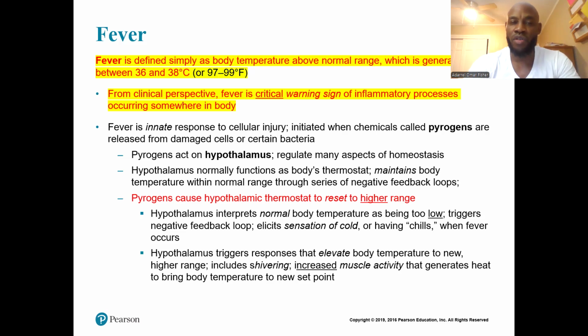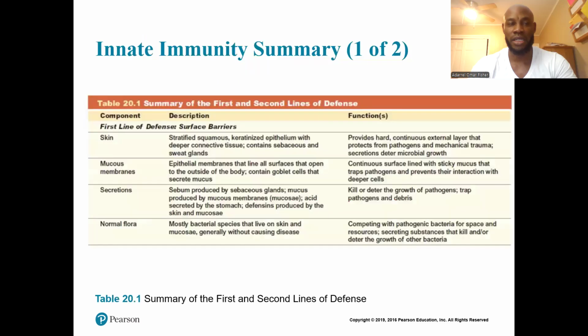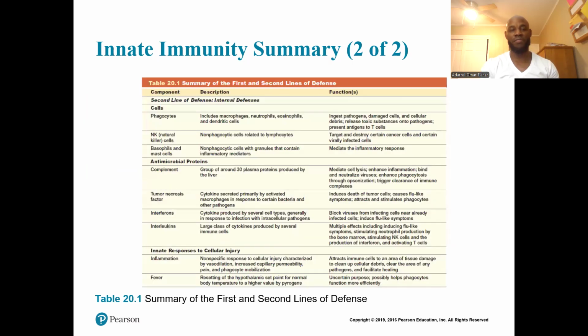But this is all just part of the inflammatory response. Your body is fighting off something. This is the summary of our innate immunity, our initial immunity.